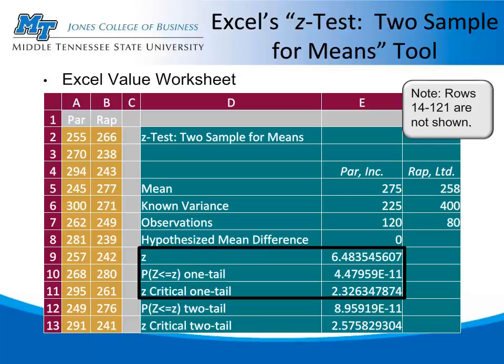You take that decimal point and move it to the left 11 decimal places. You have 10 zeros before you get to that 4. I'm not even going to try to say that. This is an itsy bitsy p-value. It's super small, a lot smaller than 0.01. And that's going to tell you to reject the null.